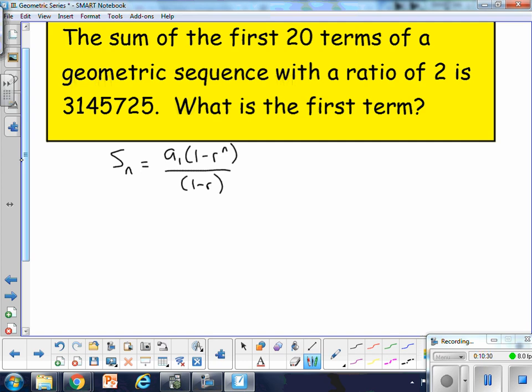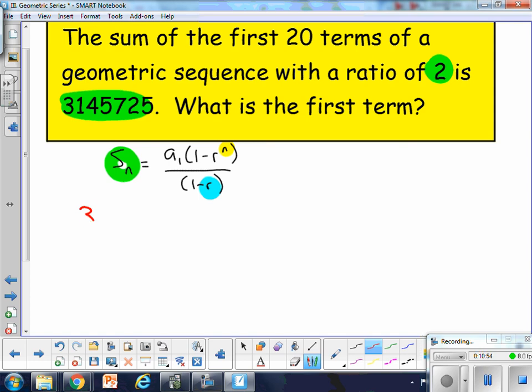So let's see, what do we know? Do we know the sum? The sum of the first terms is that big number, so we know that. We know n. All right, so n up there, they told us n is 20. And they also told us the ratio, right? The ratio is 2. Okay, so let's start plugging in, and we'll do some algebra and solve this.